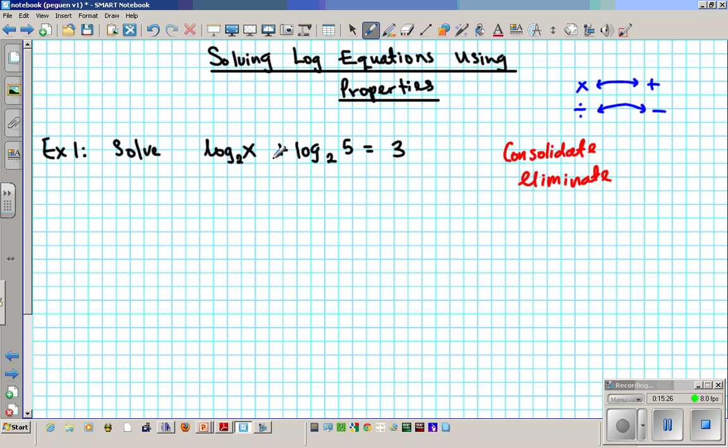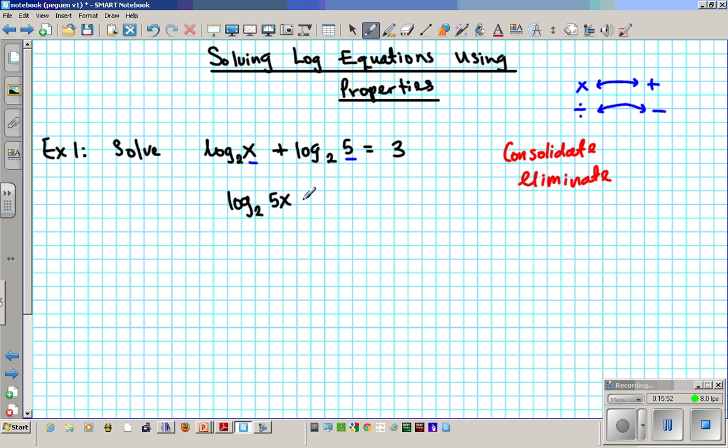I know that the relationship between them in the log world is addition. So if I'm adding logs, what am I doing with the arguments? I am multiplying them. So this becomes log base 2 of x times 5, which you write as 5x.